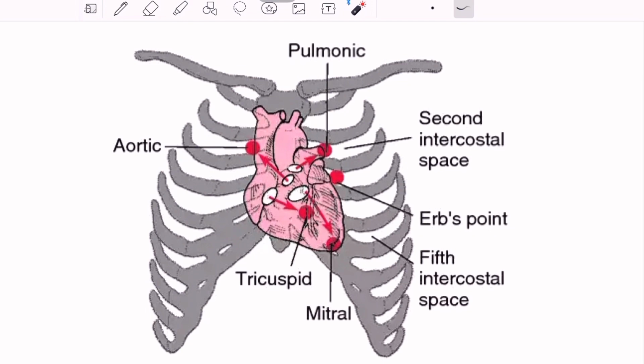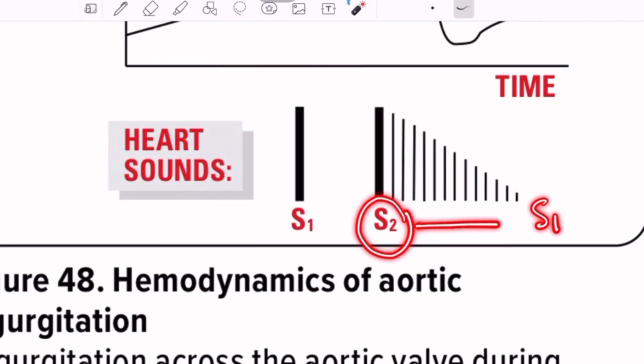So why is that? Because the blood is regurgitating and it will hit the wall of the heart somewhere here. And that will cause the murmur of aortic regurgitation to be heard at the left sternal border in the fourth or fifth intercostal space. It will be a diastolic murmur heard between S2 and S1, and it will be a decrescendo murmur, which means that it will be decreasing in intensity from its start to the end.